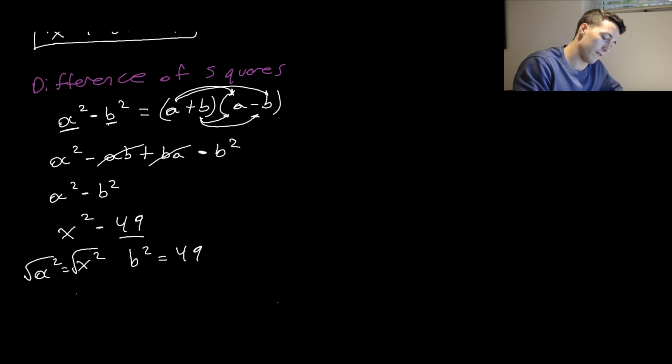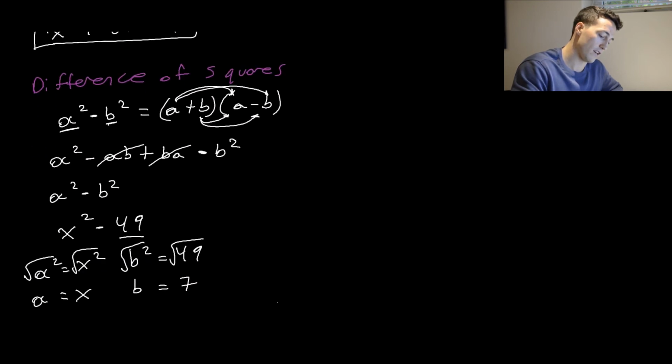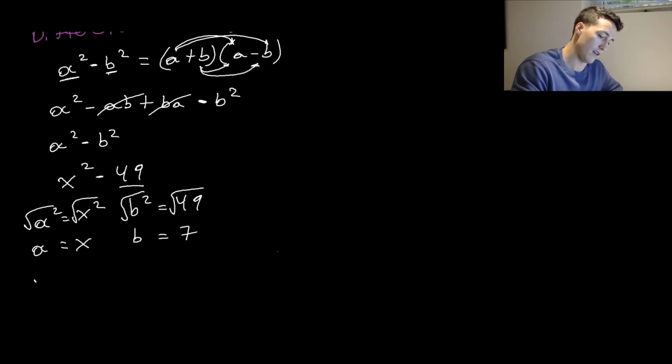So the square root of a squared is a, the square root of x squared is x, and then the square root of b squared is b, and the square root of 49 is 7. So by validating that the a squared term and the b squared term were in fact square rootable, we can rewrite the equation.